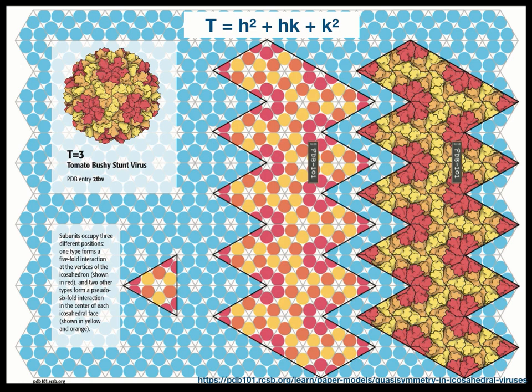So here we can see what the T number is. We navigate 1 here and 1 to the other, and we have seen that that's a T3. And what the color means here is how different each of these subunits are going to be to each other.